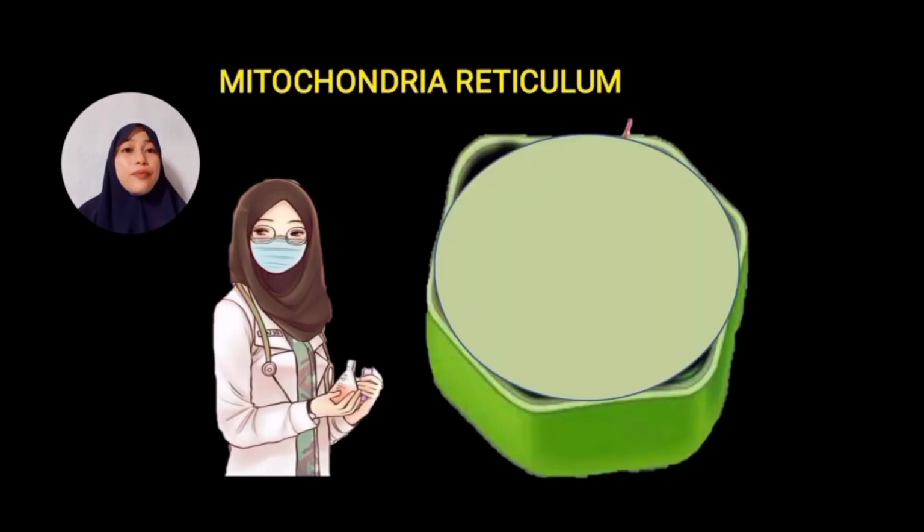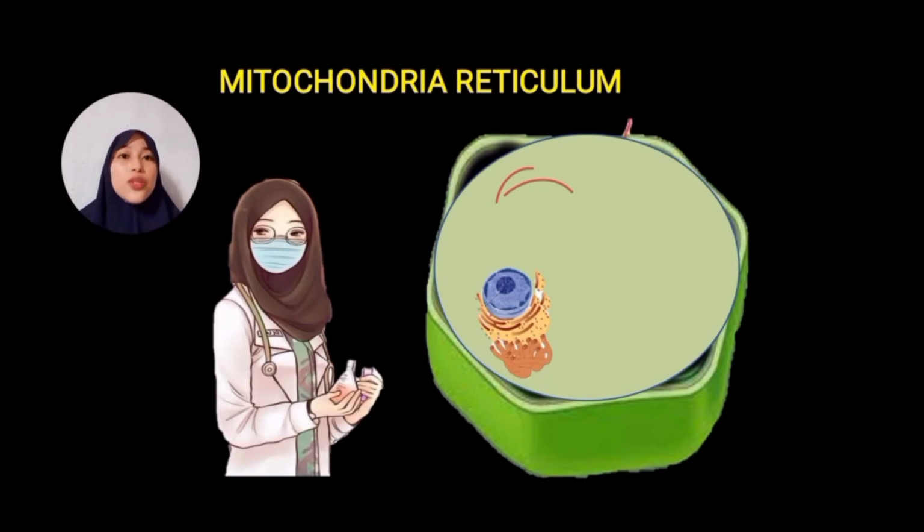Mitochondria are the powerhouse of both animal and plant cells because they provide adenosine triphosphate molecules that provide energy for all the cell activities. So that's why cells that need more energy have more mitochondria. This is what we call mitochondria.